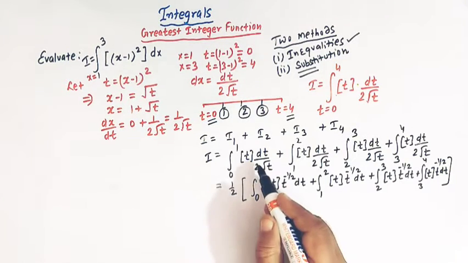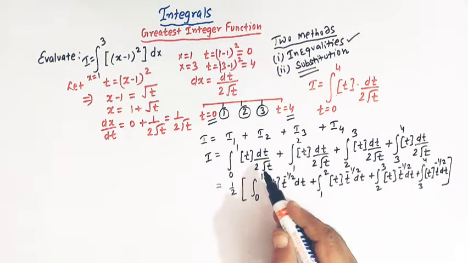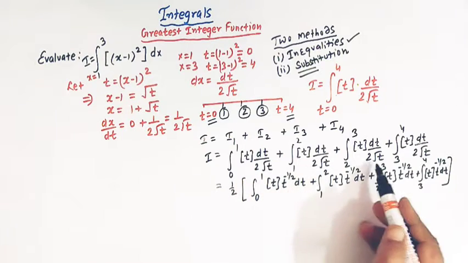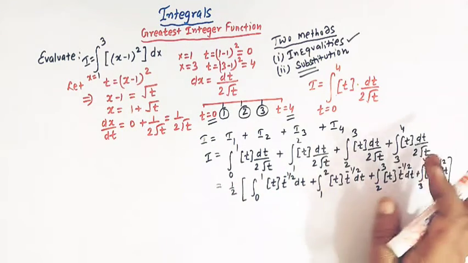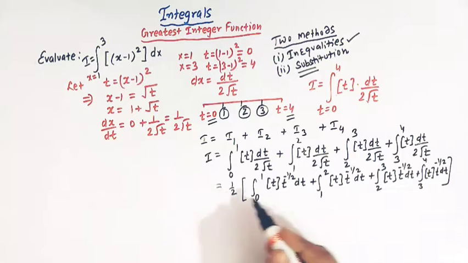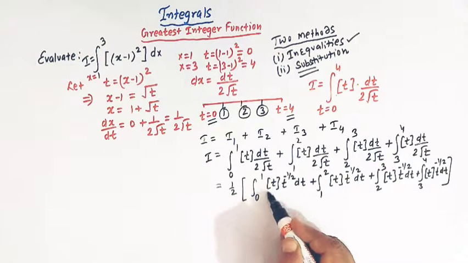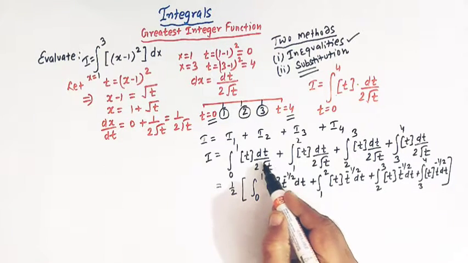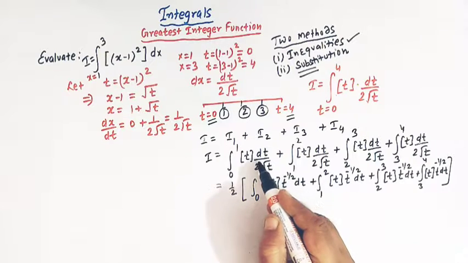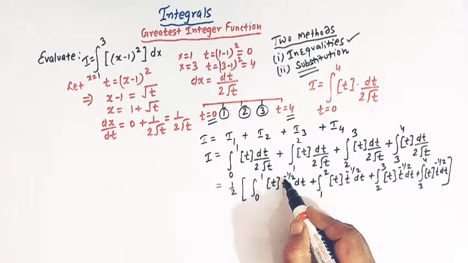Now in the second step, we can take the half common from all these four integrals. We can write 0 to 1 greatest integer of t, and take the square root of t to the numerator by taking the exponent as negative half.